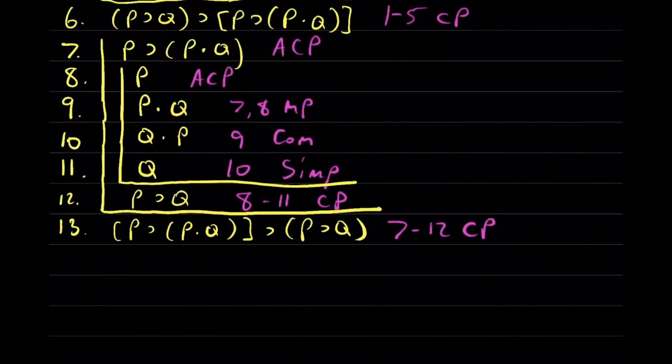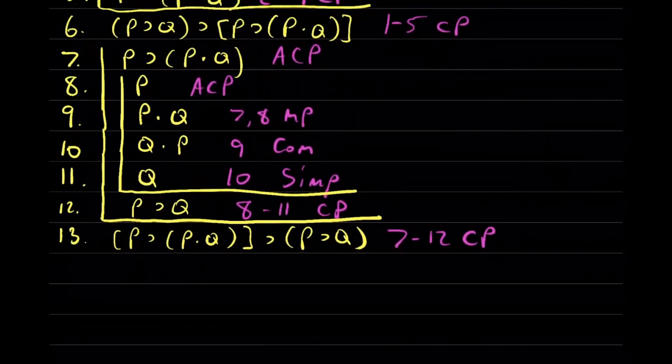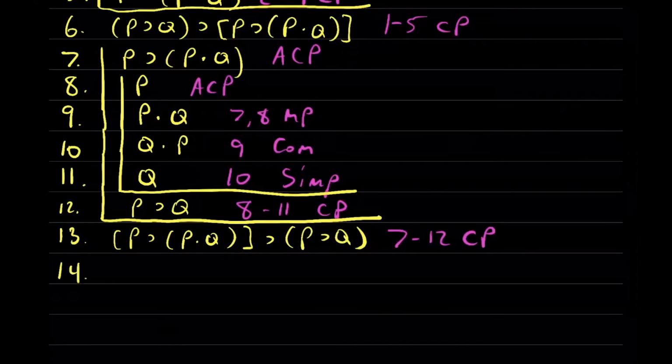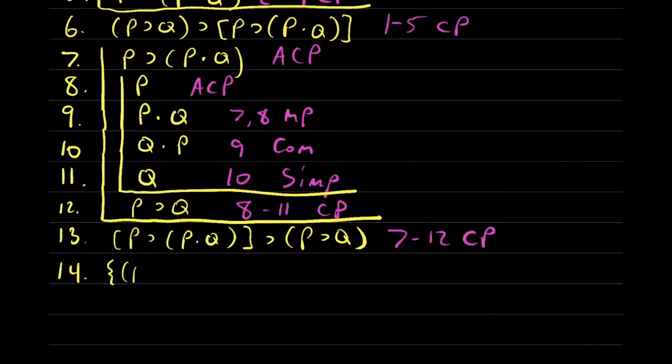So I'm going to scroll up a bit here. On line 14, I'm going to conjoin line 6 and line 13 together, which means I'm going to need some curly braces. I'm going to try to write small here. This is going to be fairly lengthy. So I'm going to get P implies Q implies in a bracket, P implies P and Q. Okay.